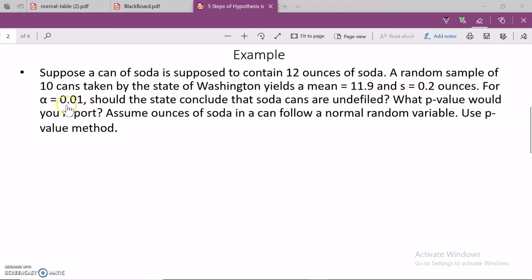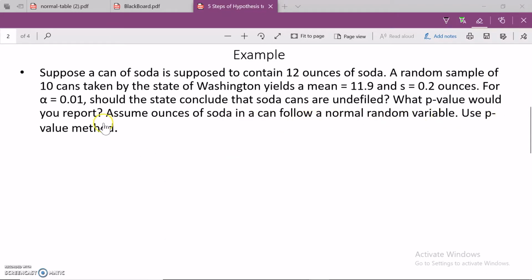For alpha equals 0.01, the 1% significance level, should the state conclude that the soda cans are underfilled? What p-value would you report? Assume the ounces of soda in a can follow a normal random variable.